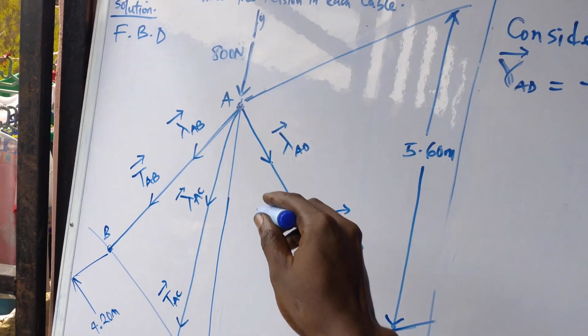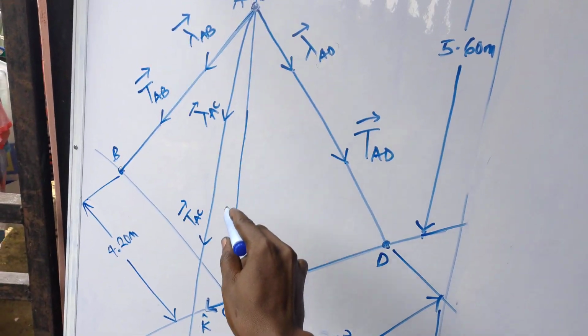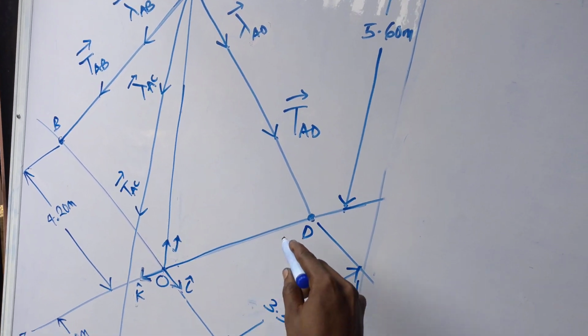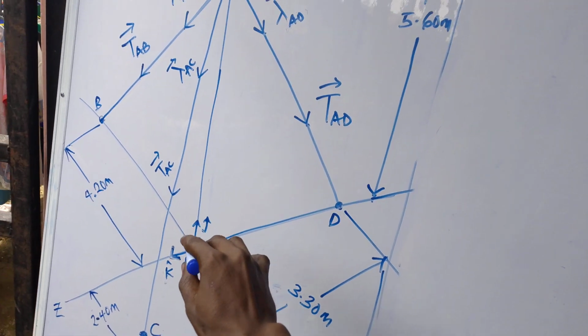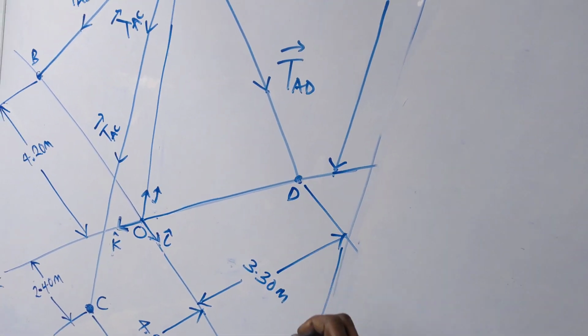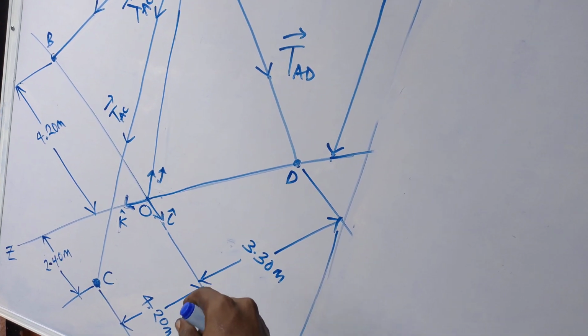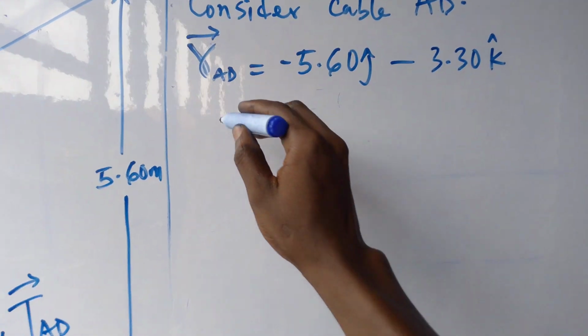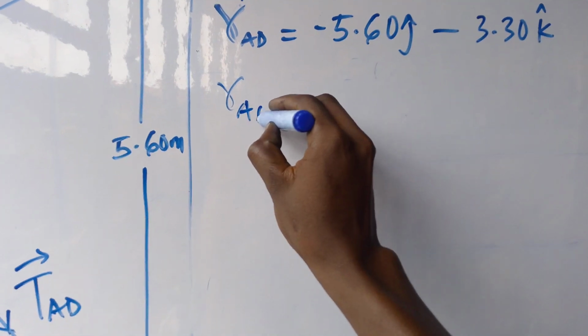Coming down like this is minus 5.60 J. Then I move like this, going opposite K, with minus 3.30 K. Alright, and I can then look for my modulus.